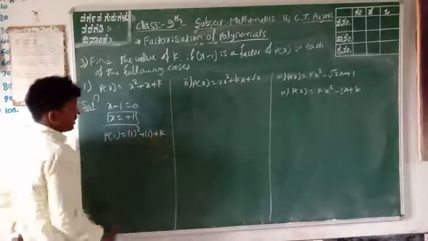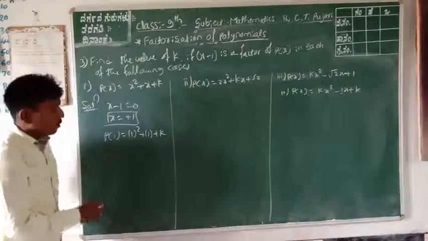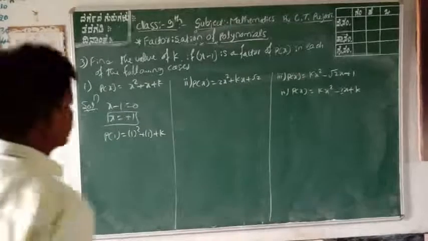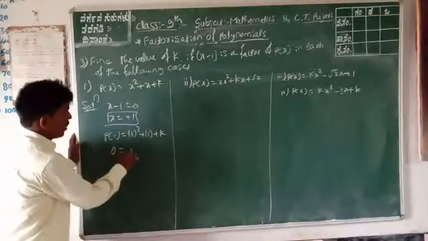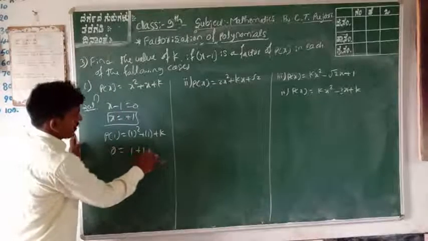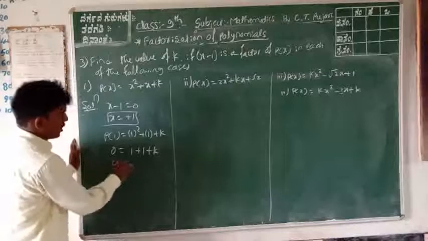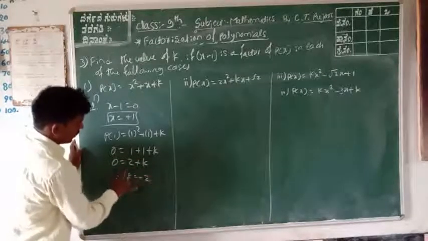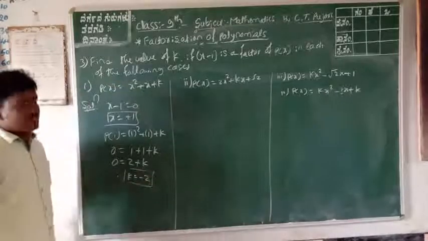Consider p of 1 equal to 0. So 0 is 1 plus 1 plus k. Therefore 0 is equal to 2 plus k. Therefore, the k value is minus 2.